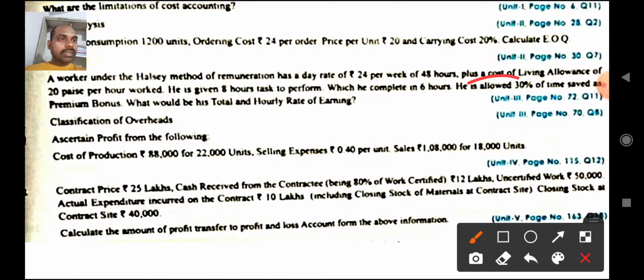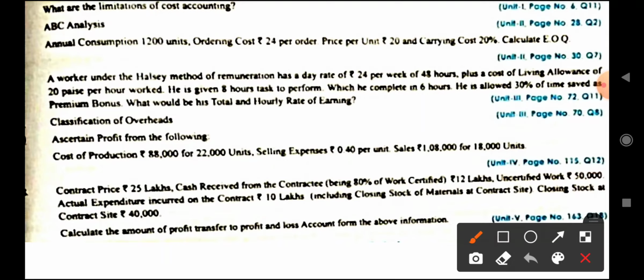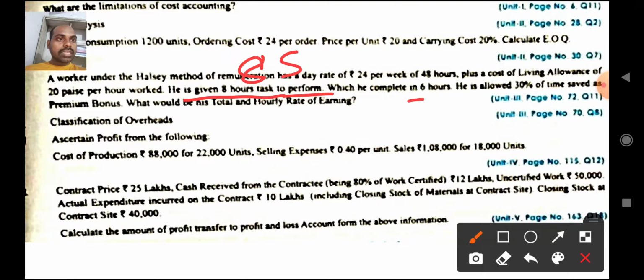What they are saying, cost of living allowance 25 paise per hour of work. For however many hours you work, you will get 20 paise for those hours. 20 paise means 0.20. Okay, next, he has given 8 hours task to perform. This is your standard time 8. And he has taken 6 hours to complete.